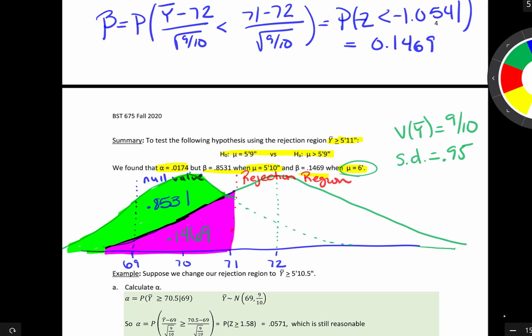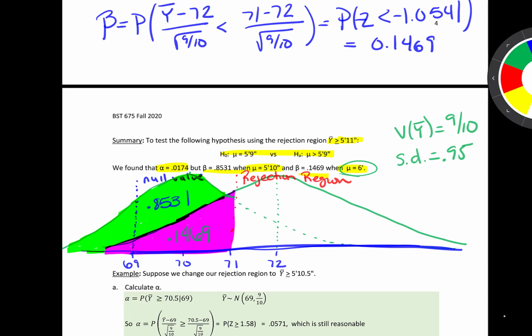So again, the big idea, or the take home here, is that if we know where the null value is, when we specify a particular spot in the alternative hypothesis, which is going to be anywhere to the right of this value, really what we're doing is shifting over that entire sampling distribution to the right.